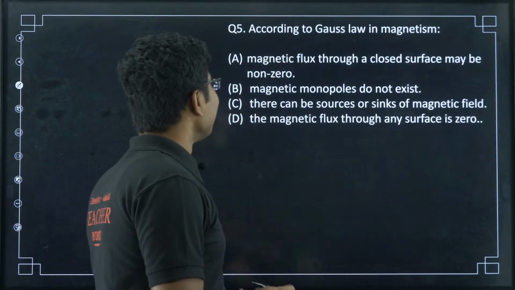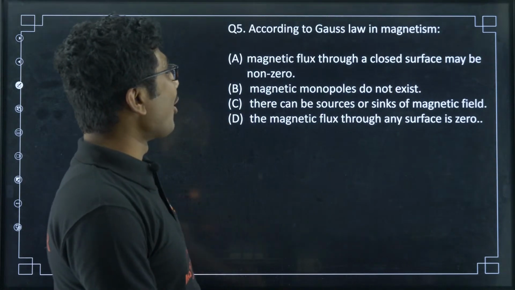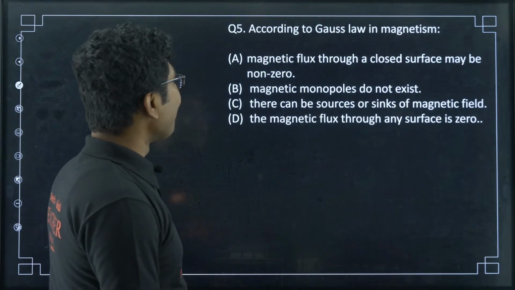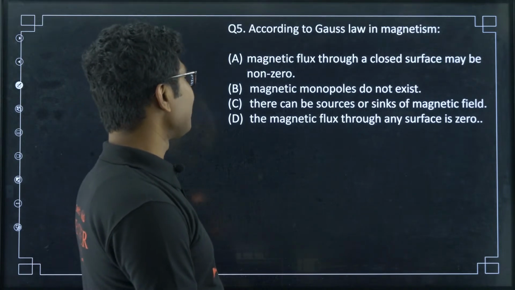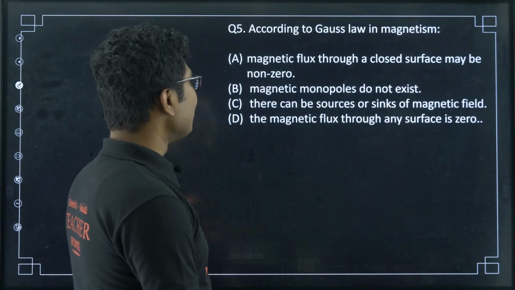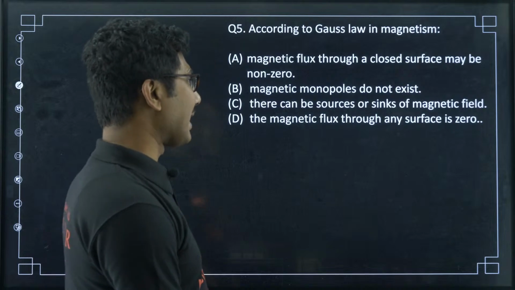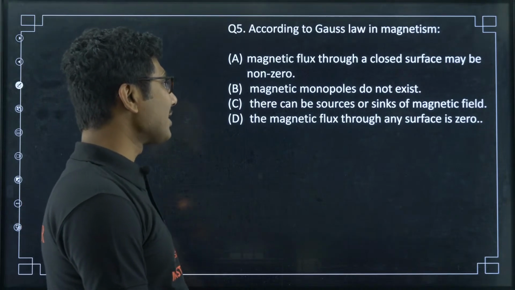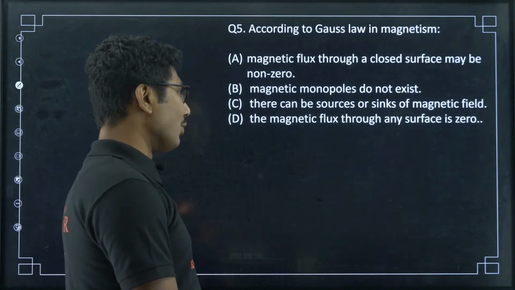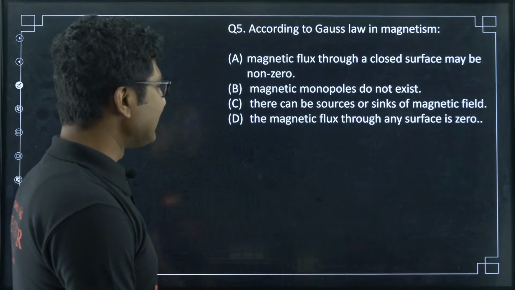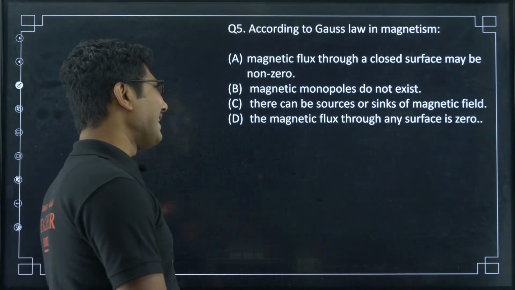According to Gauss' law of magnetism, magnetic flux through a closed surface may be non-zero? Magnetic monopoles do not exist. There can be sources or sinks of magnetic field? The magnetic flux through any surface is 0? These are the few options. Very interesting question.